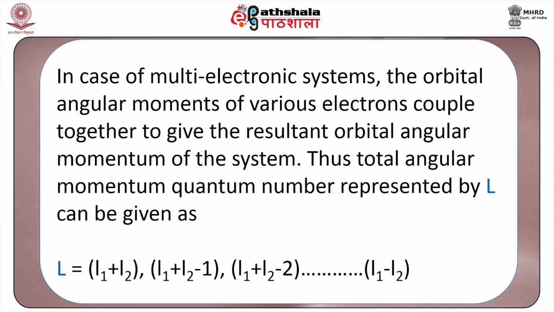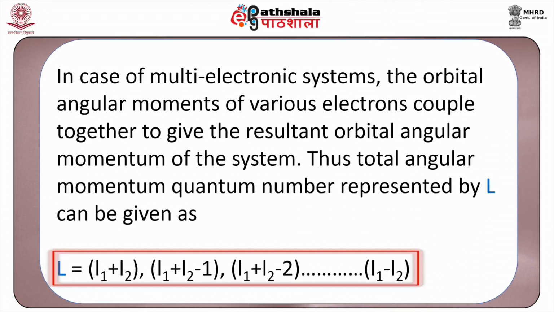In multi-electron systems, the orbital angular momenta of various electrons couple together to give the resultant orbital angular momentum of the system. Thus, the total angular momentum quantum number L can be represented as L = l1 + l2 up to l1 - l2.